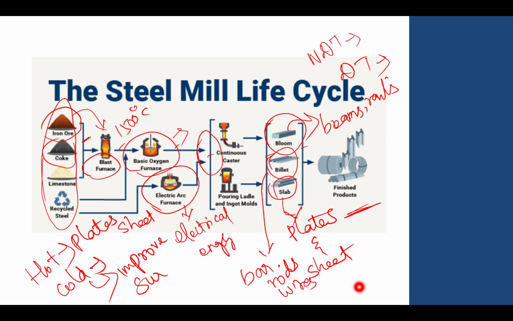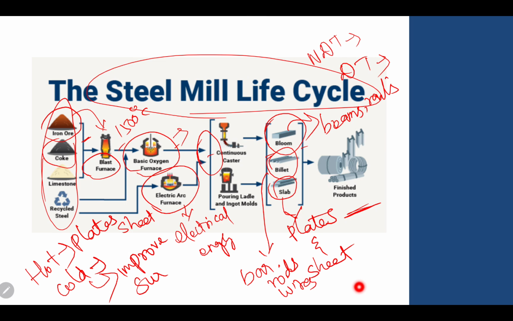This ensures defect free products for industries like construction, automotive, and shipbuilding. Finally the steel is shipped to industries for use in bridges, vehicles, pipelines. This completes the life cycle of steel in a steel mill.